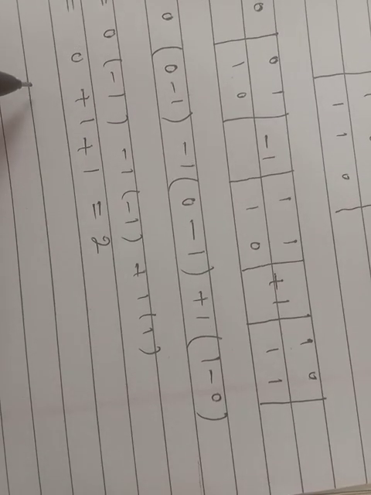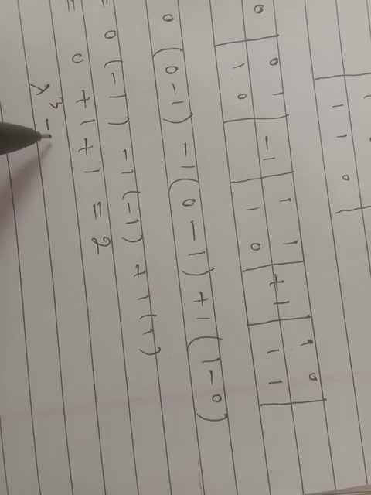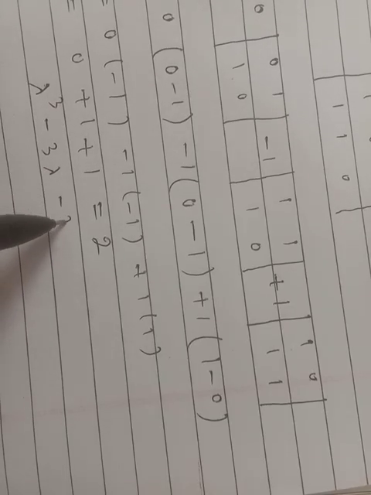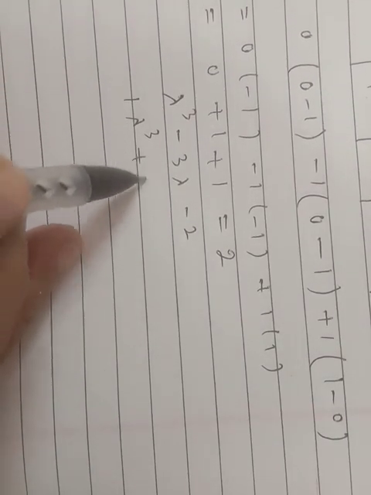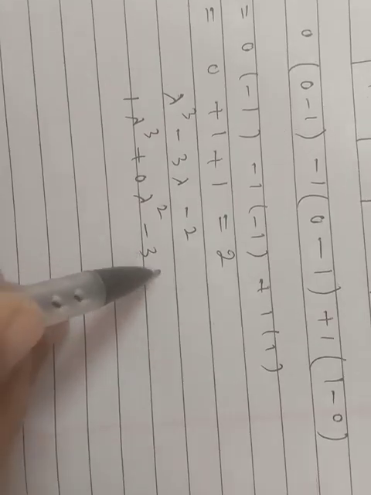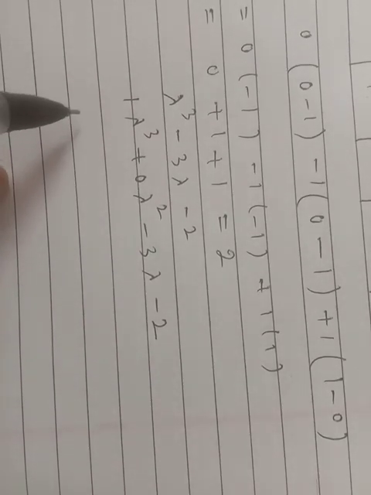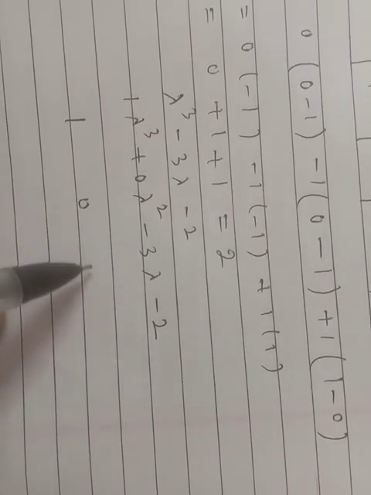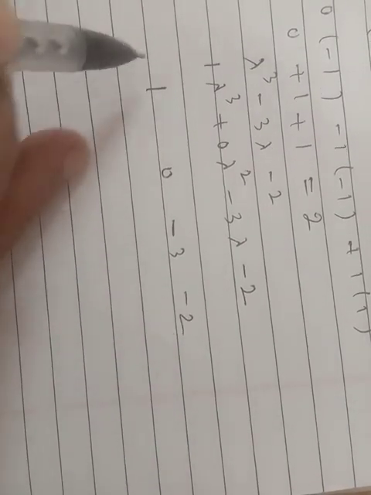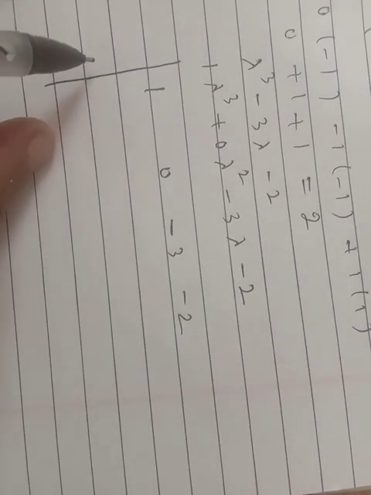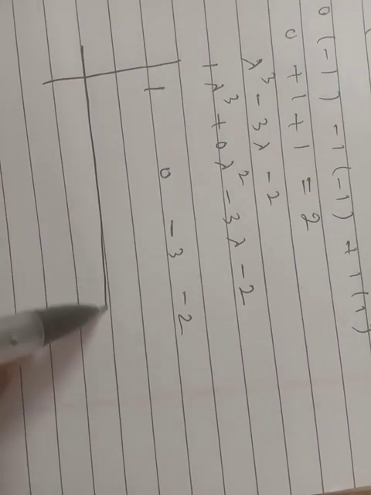Lambda cube minus 3 lambda minus 2 we can write as 1 lambda cube plus 0 lambda square minus 3 lambda minus 2, so the coefficients are 1, 0, minus 3, minus 2. This is called synthetic division. We will divide it by minus 1.